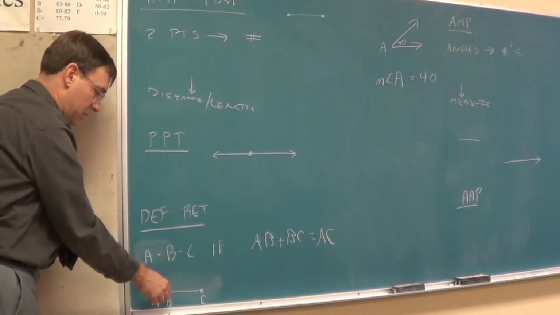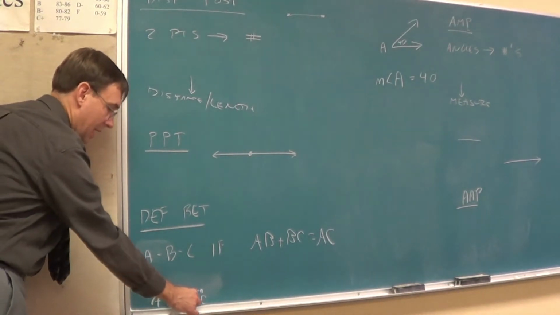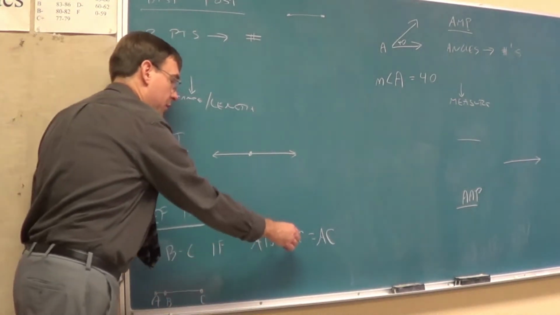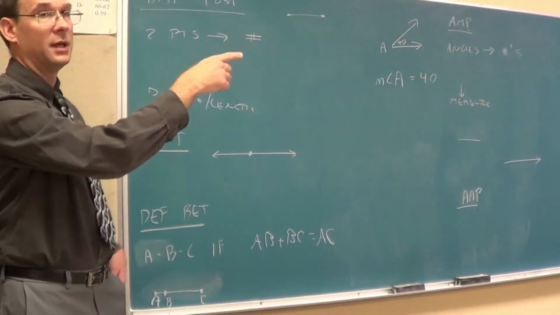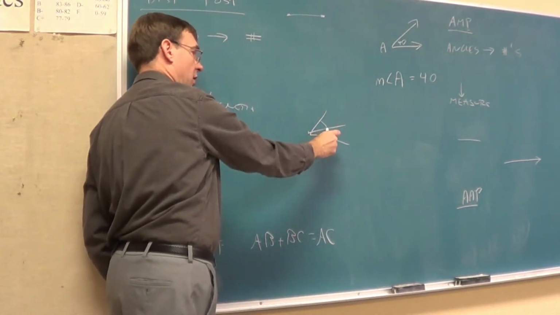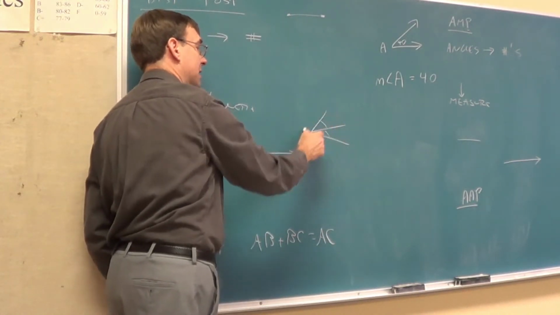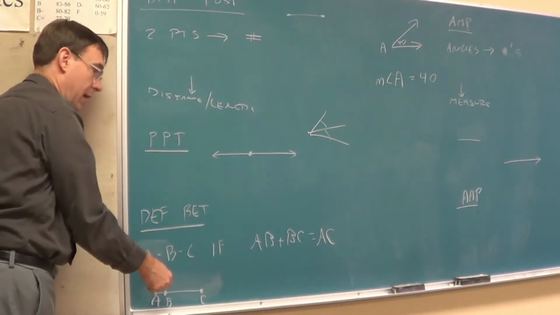Definition of between is based on a segment that got cut up. There's a little piece plus another little piece, and if you add up the 2 littles, it equals the big. That's exactly what the angle addition postulate did. You had an angle, you cut it in pieces, and a little piece plus a little piece has to make the big thing. Definition of between: little plus little makes big.